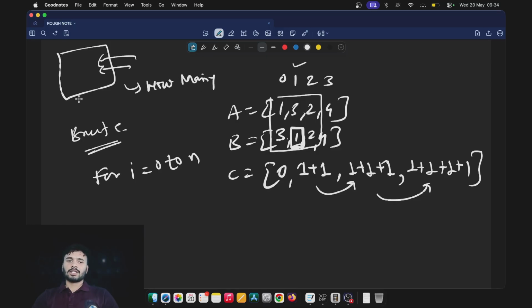Let's say this is get common elements. That's how it works.